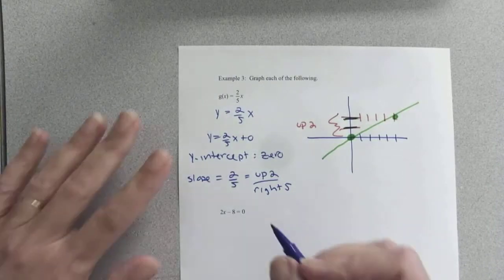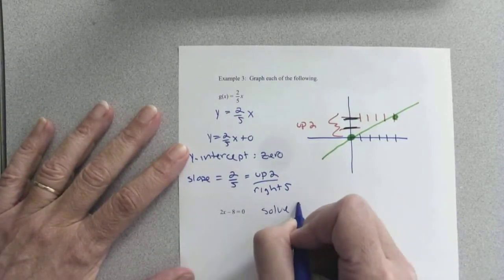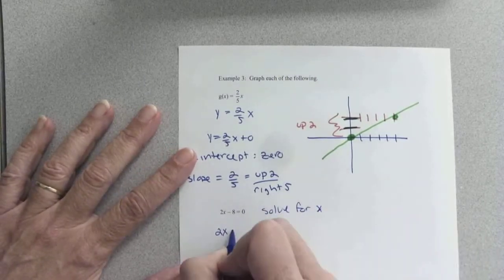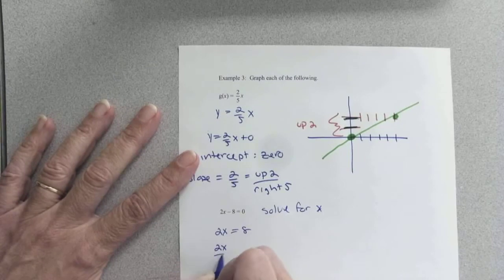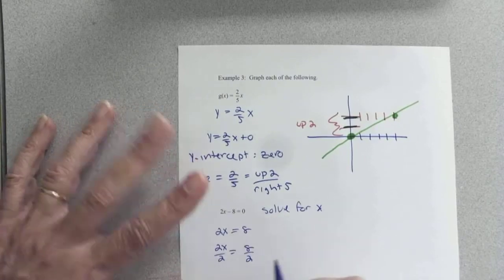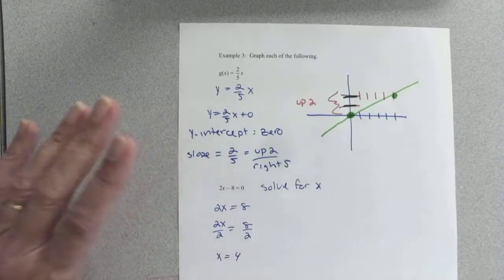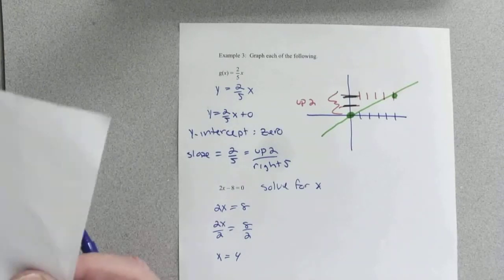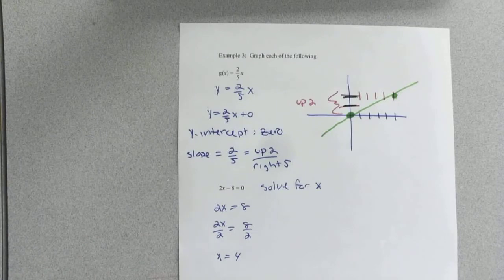There's not a y, so I'm going to solve for x. And so I'm going to have 2x equals 8. Divide both sides by 2. x equals 4. And then you just say, oh yeah, I remember she told us something about horizontal and vertical lines.